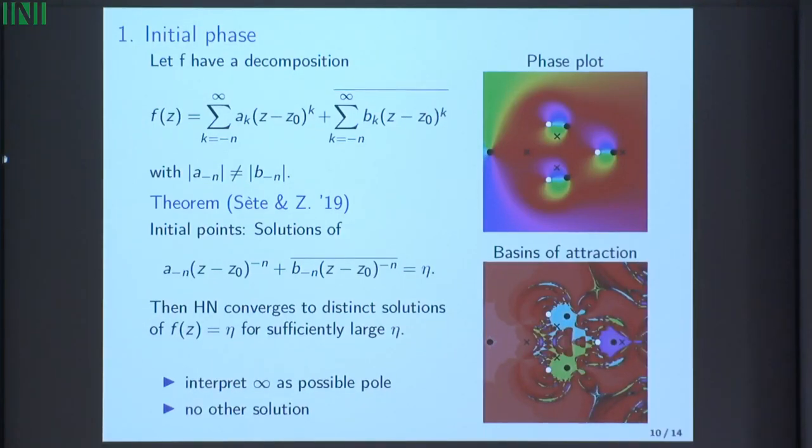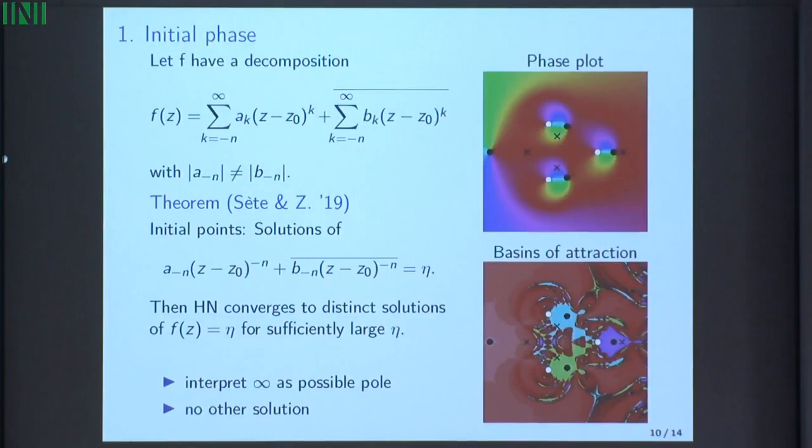If we truncate our function f, so only keep the dominant term here, and as right hand side we have our eta, and then we take the solutions of this equation and use them as initial points for our Newton iteration, then this iteration will converge to distinct solutions of the equation f(z) = eta if eta is sufficiently large.